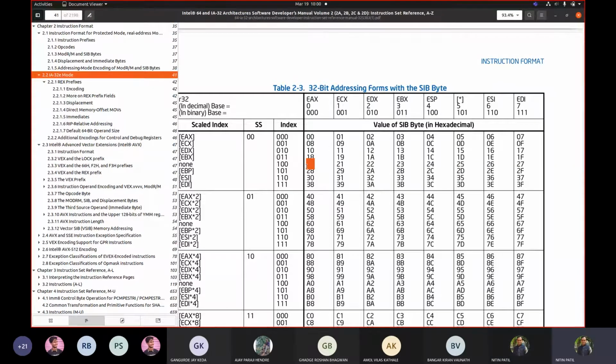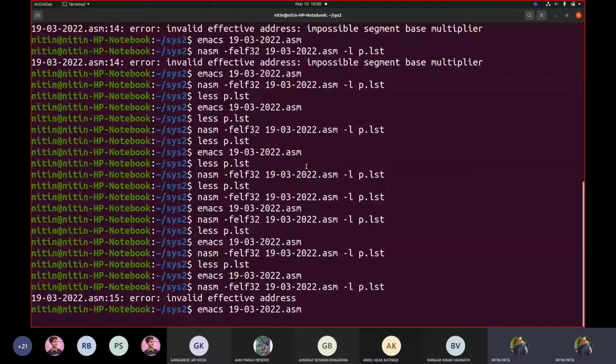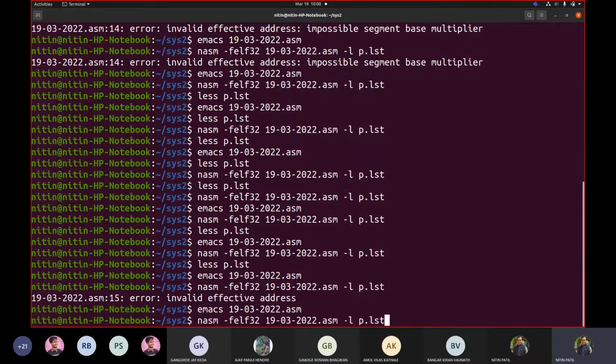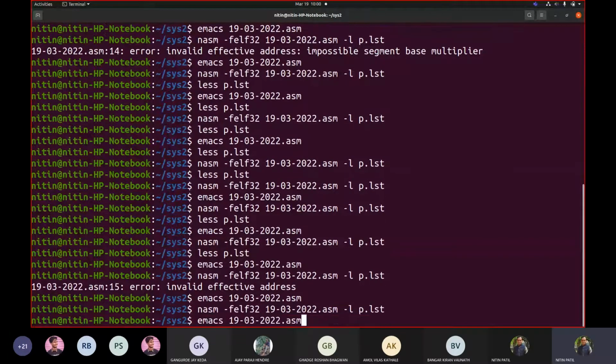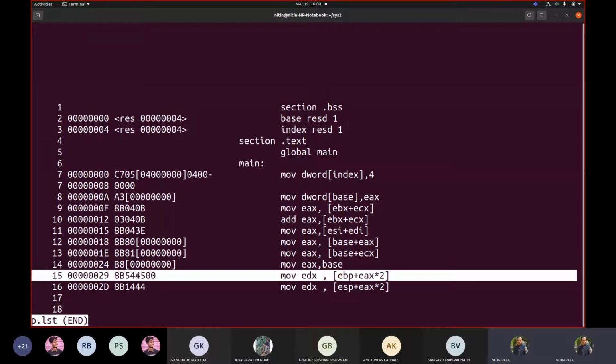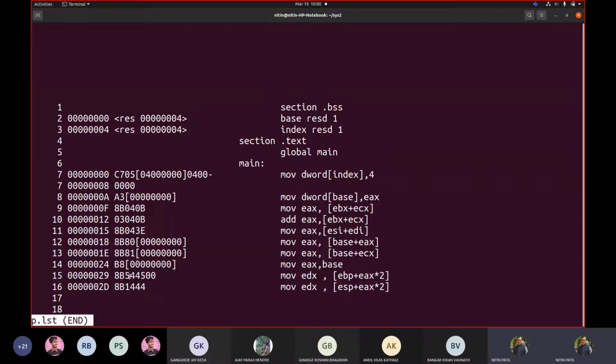Correct? Now if I take EBP as a base here, let me certainly make this ESP. Now see, 5 4, there is 45. 5 4 45.